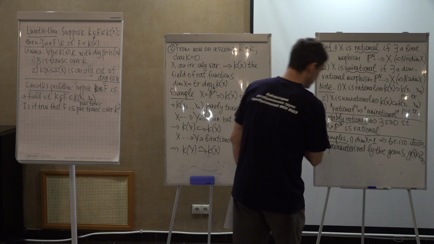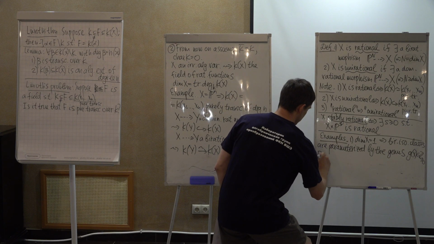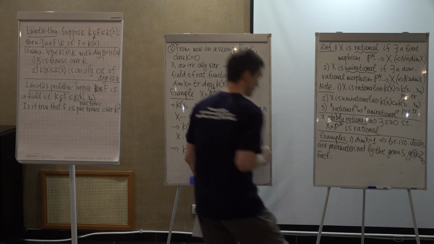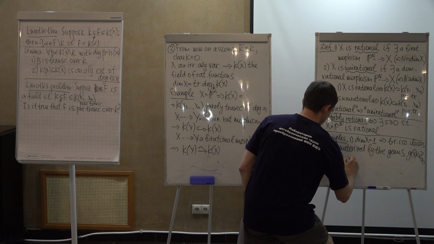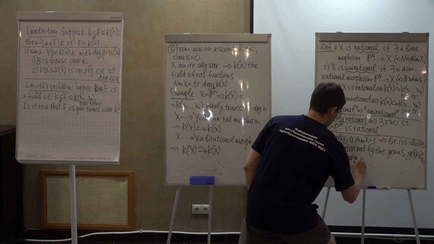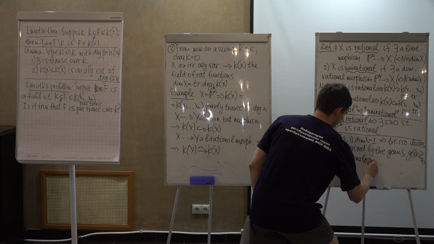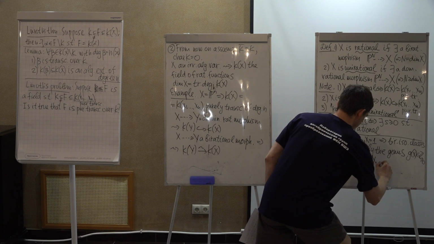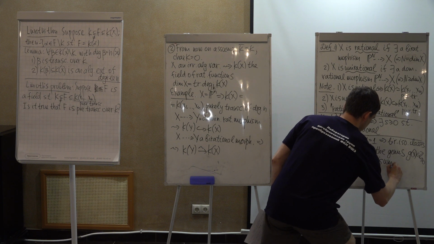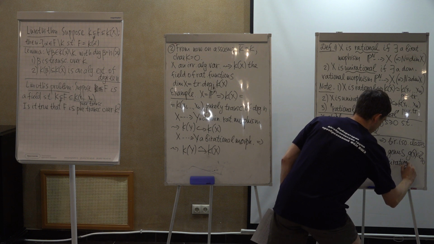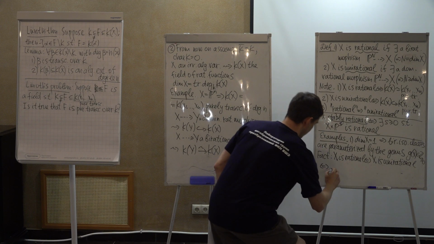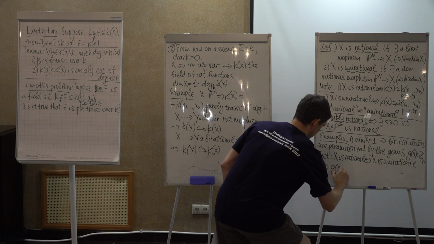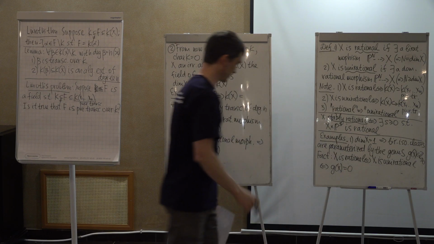And in this case, it is known, so let me mention this as a fact. X is rational. This is equivalent to X being unirational. And this is equivalent to the case where the genus is 0.